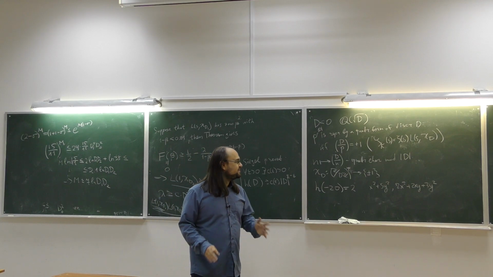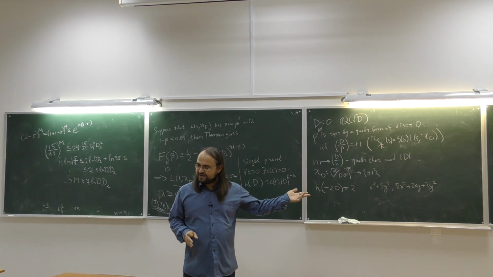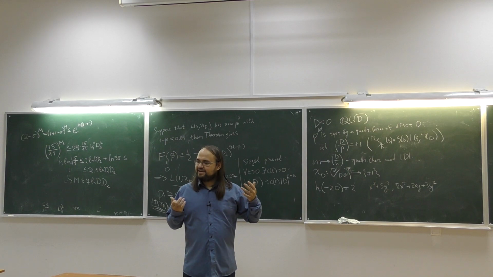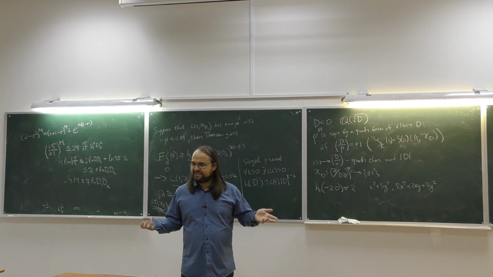Well, it is represented by at least one of them if and only if minus 5 is a quadratic residue, right?